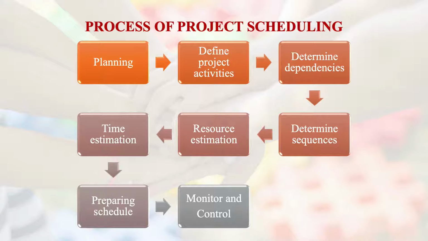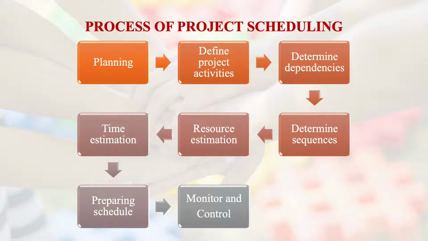Then you determine the sequence of those activities, right? So you find out the dependencies, then obviously the sequence is to be determined, which will be followed by resource estimation. What resources will be required for it, how much manpower or womanpower will be required for a particular situation, right?